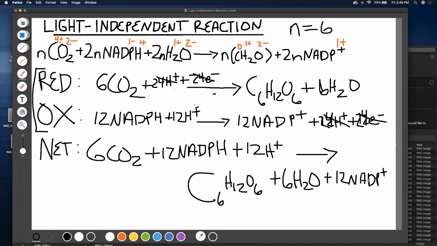There's 12 hydrogens here, 12 NADP plus here, 12 NADP, 12 hydrogens, 24 hydrogens, 6 carbon, and 6 oxygen here, 6 oxygen here, 12 oxygen here. So we're good.